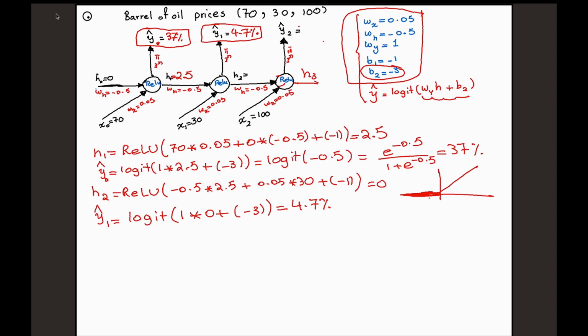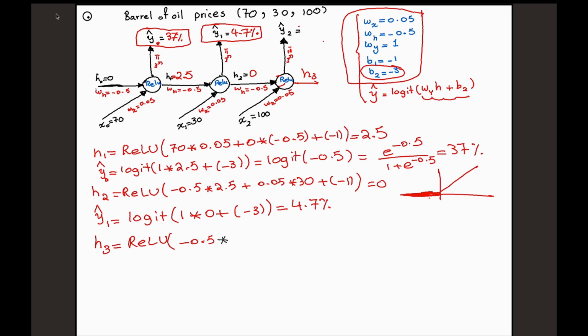We calculated this to show you how it's calculated in a neural network. It's important to have these predictions. We're going to get into different architectures later. So now, lastly, we want to say, given 100, what is the probability that we are going to see the Fed increasing their interest rate? So we need to introduce H3, and H3 will be simply ReLU of negative 0.5. I forgot to put 0 here.